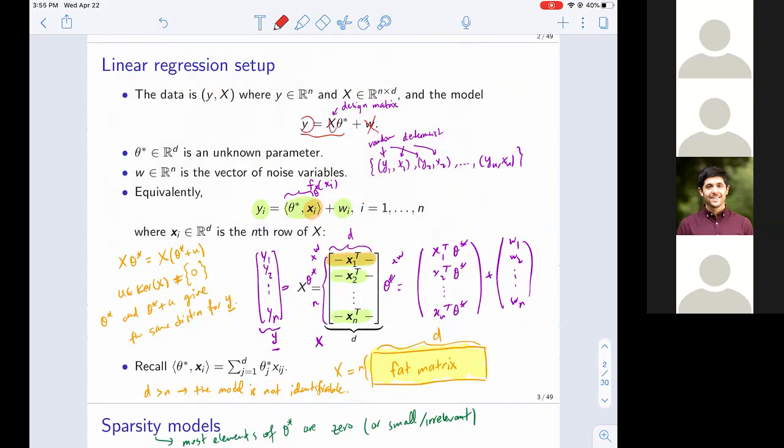You observe y and x and want to solve this linear system for theta star. But because n is much smaller than d, the system is underdetermined, so it has many solutions. You want to find a unique solution which is sparse.